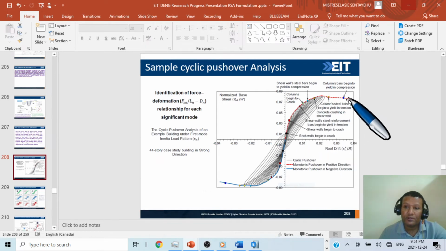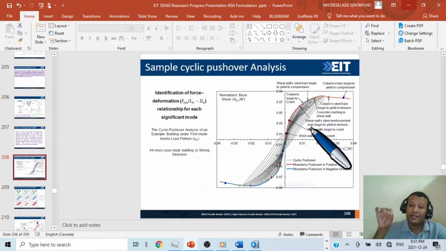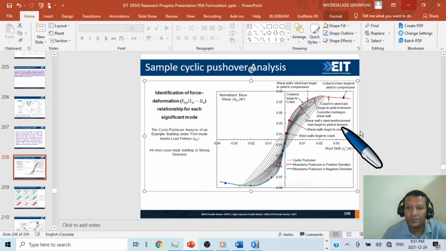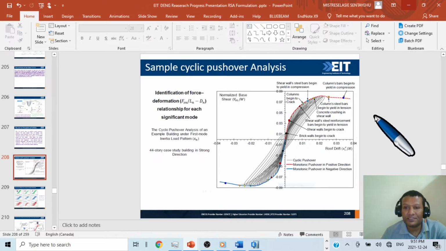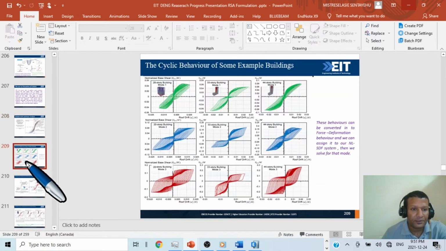So it will give you the performance of your building as per your force deformation curve and the hysteresis rule you gave to that element. Once it passes the ductility limit, it will notify you, because the capacity of your building will be given first. That is the beauty of nonlinear response.